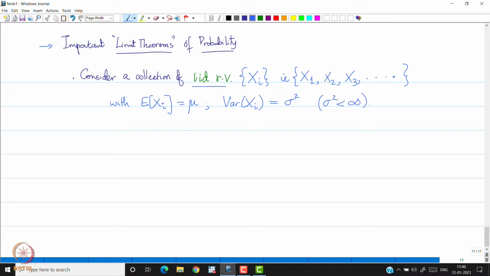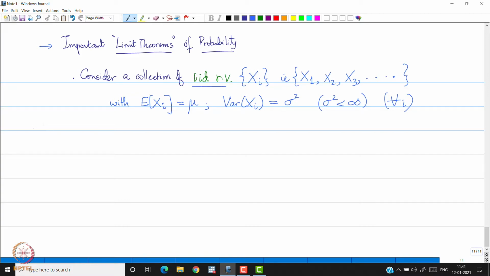We want both the mean and the variance to be well defined, and of course for all i. It goes without saying, because whenever you say IID, obviously they have to have the same mean and the variance, and so we are going to call them mu and sigma squared. So, this statement of IID and the mean mu and sigma squared is common to both the results we are going to talk about.